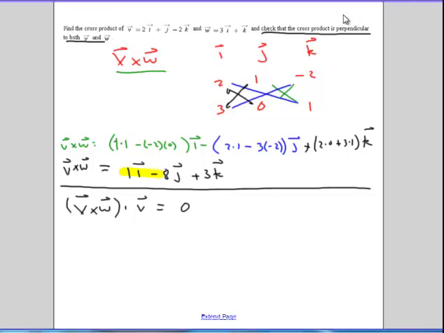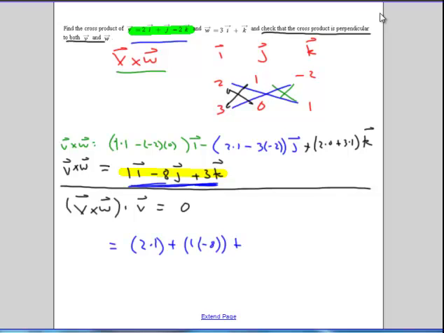Here's v, and this here is v cross w. So v cross w dot v will equal, you just multiply their coefficients. So 2 times 1 plus 1 times negative 8 plus negative 2 times 3.